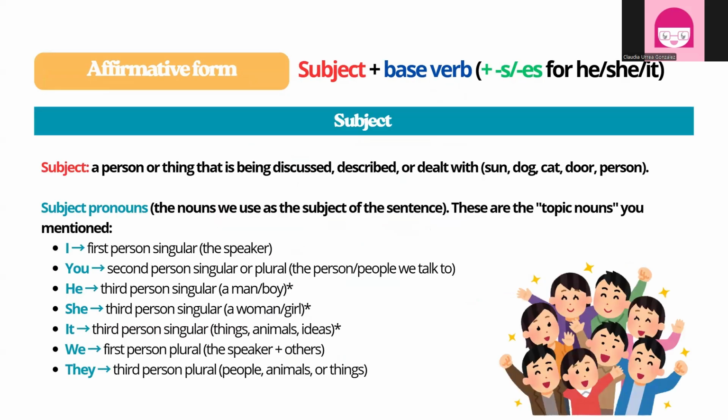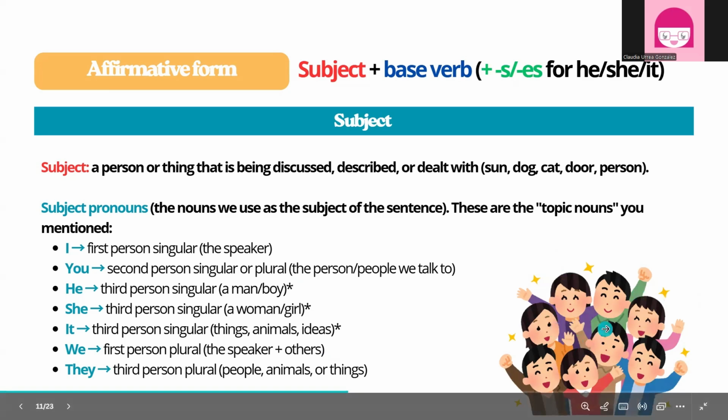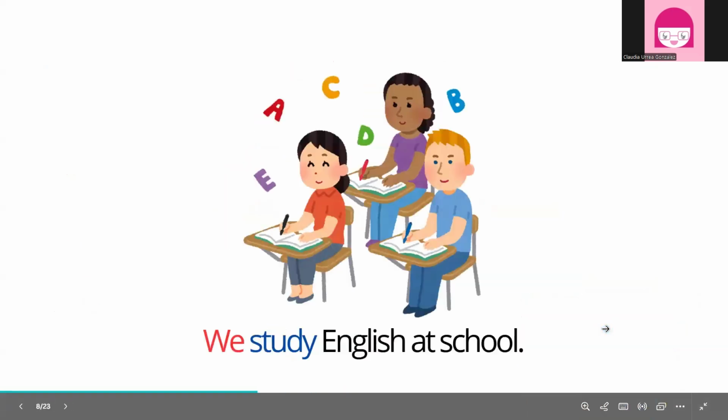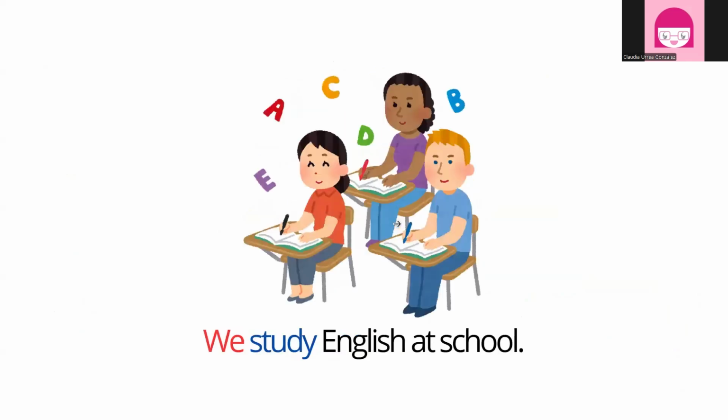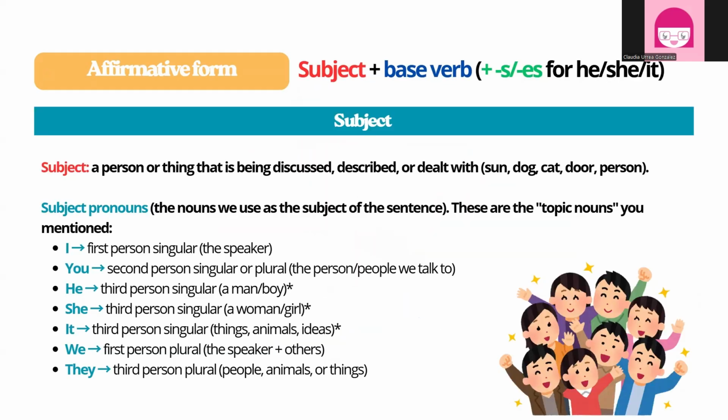For the subject there are the nouns. What are nouns? Okay, we have son, dog, cat, door, person. Yes, like this, persons. Or like cat, people, son. Those are the nouns. But we also have subject pronouns.